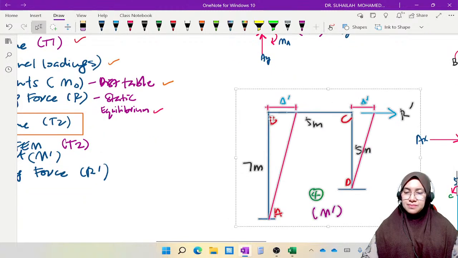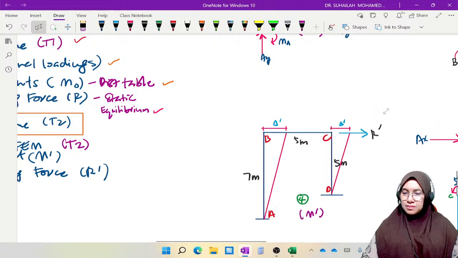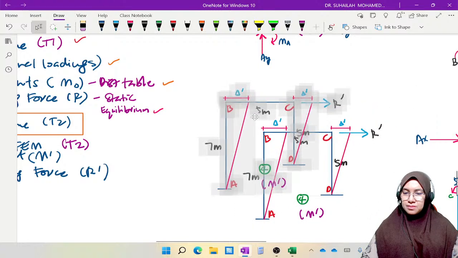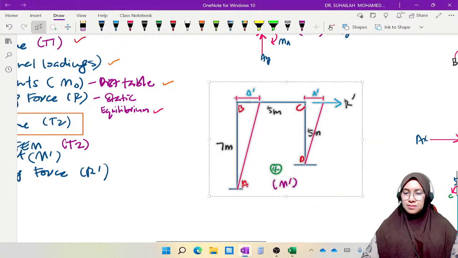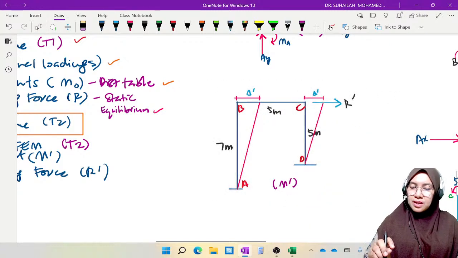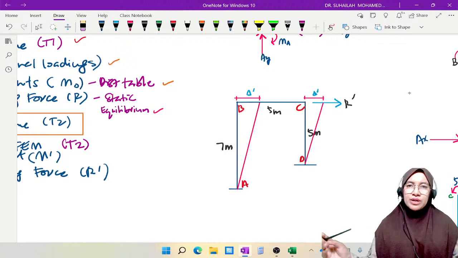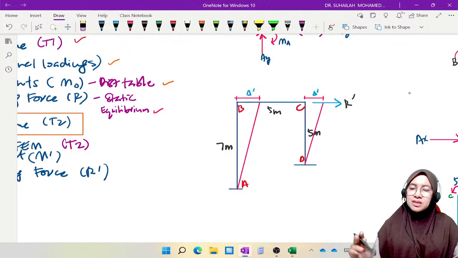So this is the free body diagram for side sway frame analysis.